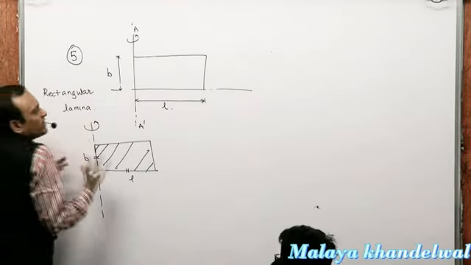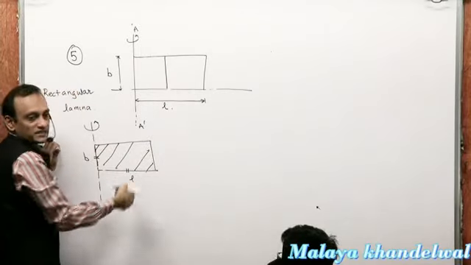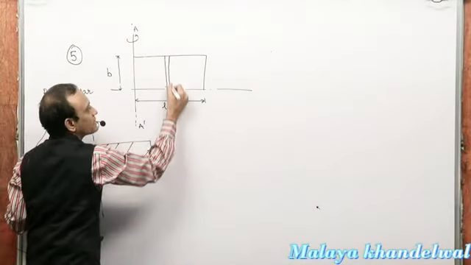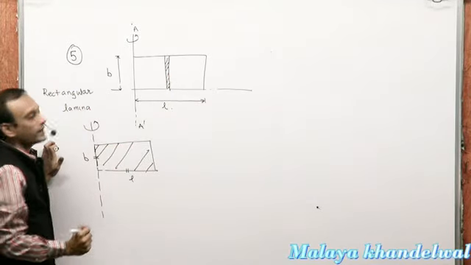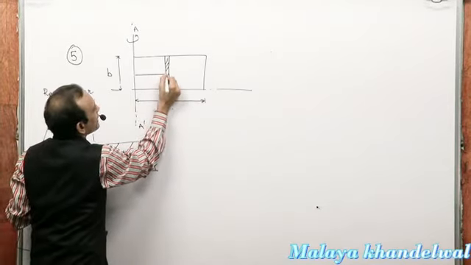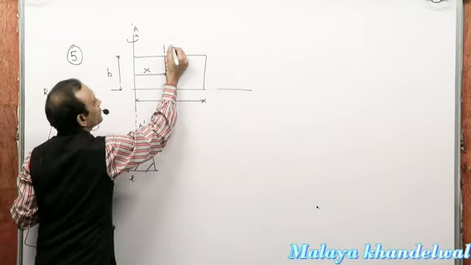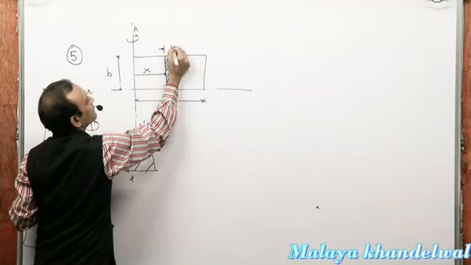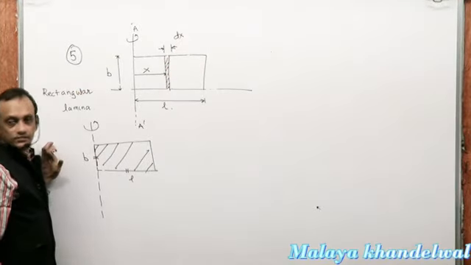Right? Very simple. What you do is you take mass elements parallel to this axis AA prime. So this is a mass element, at a distance x, and of thickness dx, right?